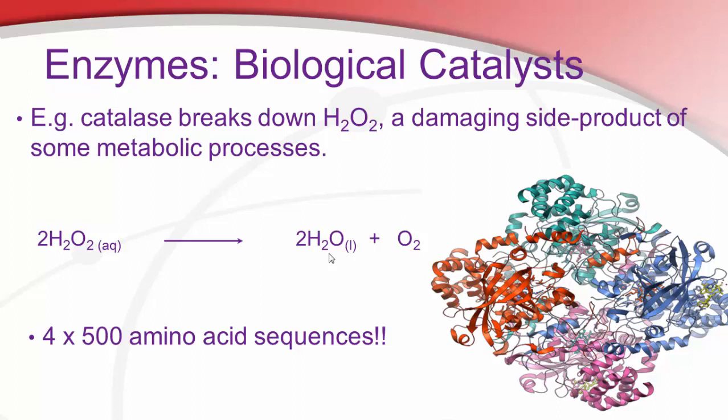And so catalysts, you may be tempted to think of them as being very small molecules, like solid nickel or solid platinum, or simple chlorofluorocarbons. While in fact, in this case, this is a macromolecule with a molecular mass of about 240,000.